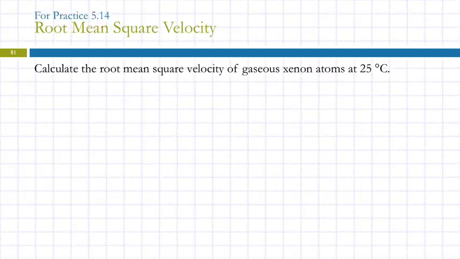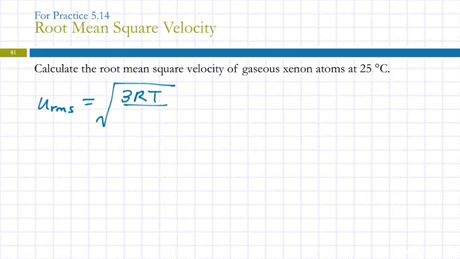So we could calculate the root mean square velocity of gaseous xenon atoms at 25 degrees Celsius. So the root mean square velocity is equal to the square root of 3RT over capital M. So R, we're going to use different units, 8.314, that's joules per mole Kelvin.